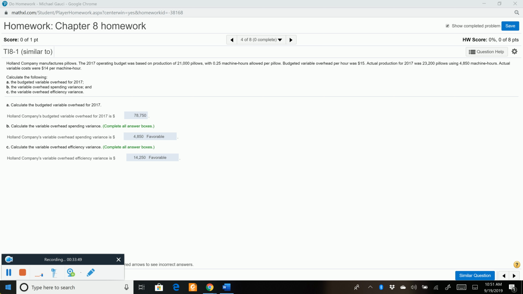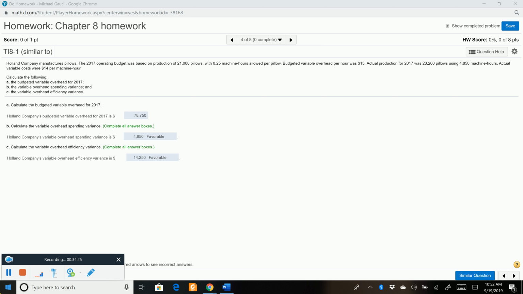Once again, if you were going to do the three-column approach, I know it's a little wordy with my mouth, but if you were drawing this on a piece of paper, column 1 would be the actual, which came to $67,900. That is the 4,850 hours times $14 per hour. Column 2 in the middle would be the actual hours of 4,850 times the standard rate of 15, or a total of 72,750.